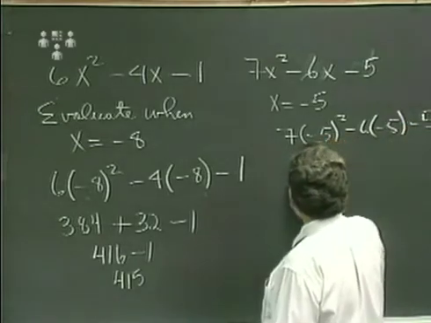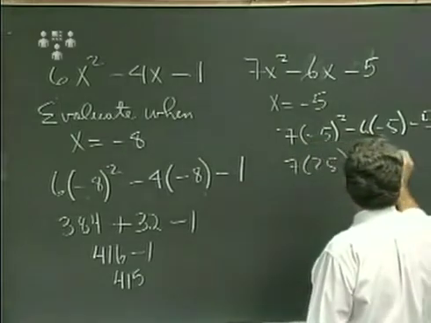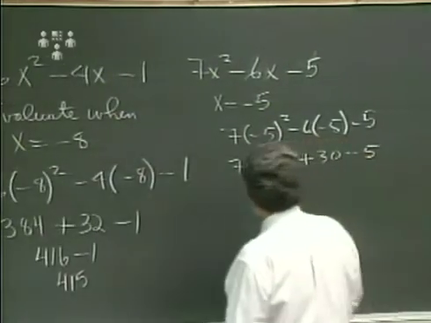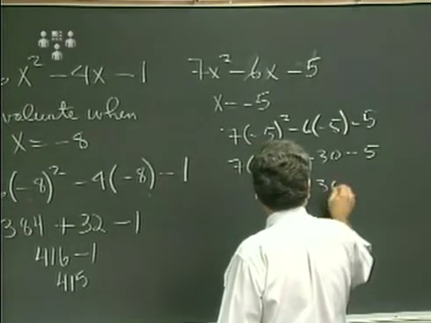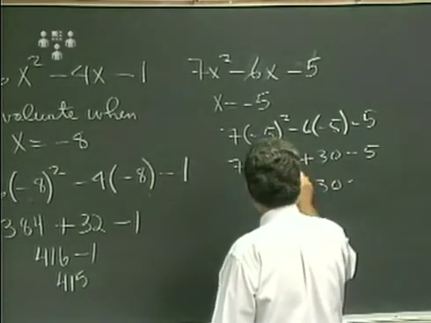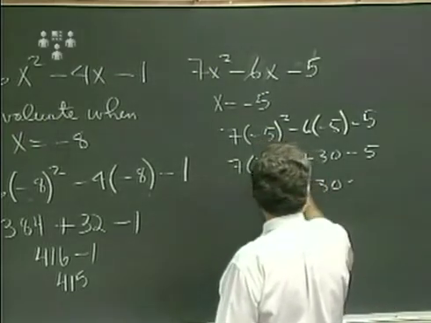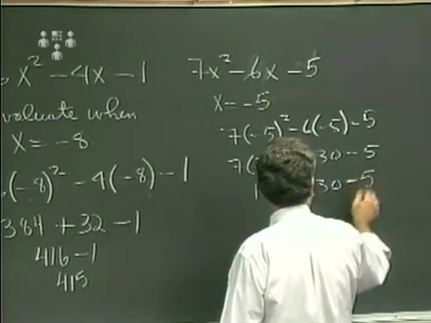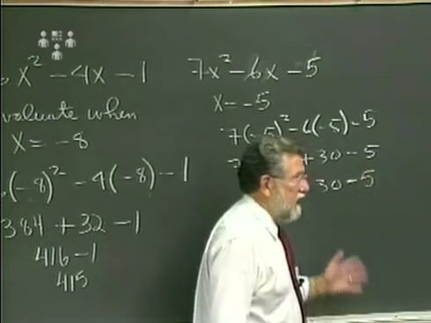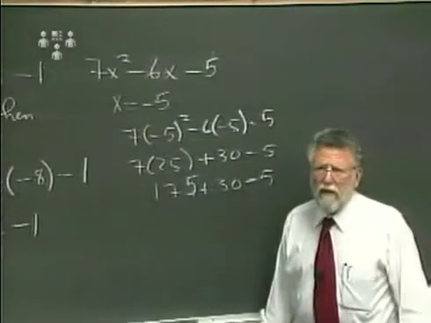And so that's going to be 7 times 25. And this is going to be plus 30 minus 5. And so this is going to be 175 plus 30, minus 5. Have I got the substitution now? Slide over just a little bit, please, Jonathan.